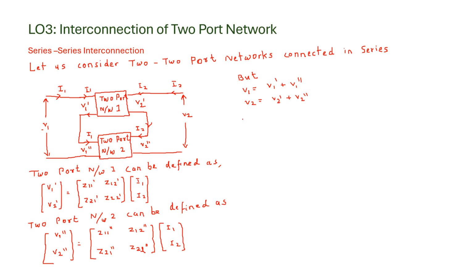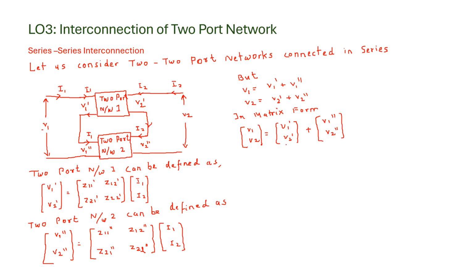If you put these two in the matrix form, V1 V2 is equal to V1 dash V2 dash plus V1 double dash V2 double dash.